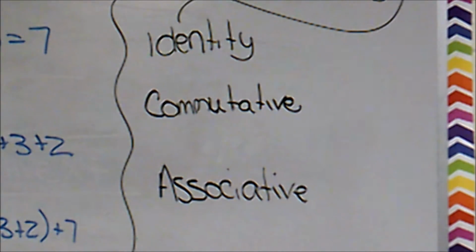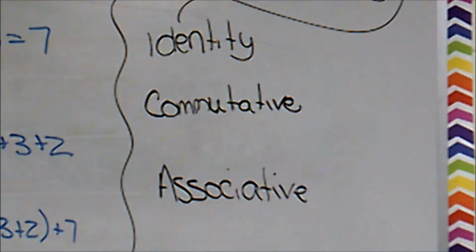So now let's look at the multiplication properties in math. You'll notice they are the same words, but they work in a slightly different way with multiplication as opposed to addition. We have the identity property, the commutative property, and the associative property. With our identity property of multiplication, which says any number times 0 will give you a product of 0.